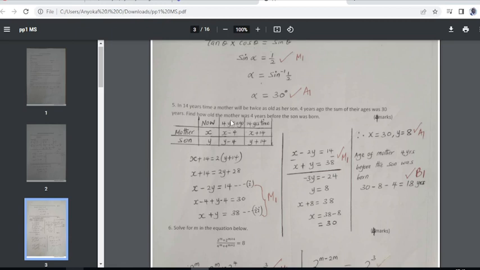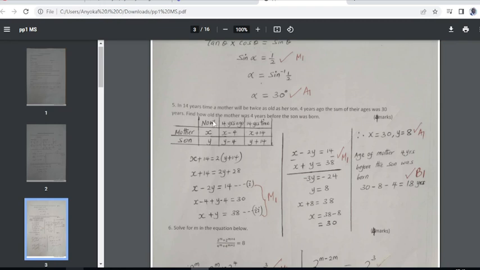So you will go to the column that is representing 4 years ago, X minus 4 and Y minus 4. So X minus 4 plus Y minus 4 is equal to 30, because 4 years ago, the sum of their ages was 30. So X plus Y is equal to 38.